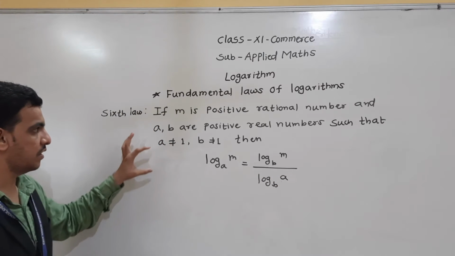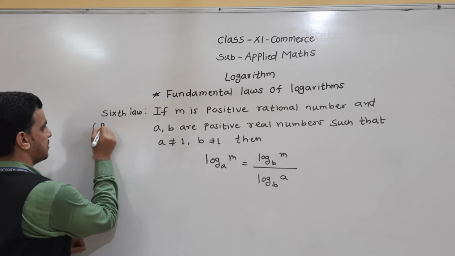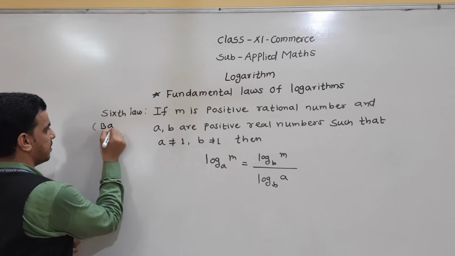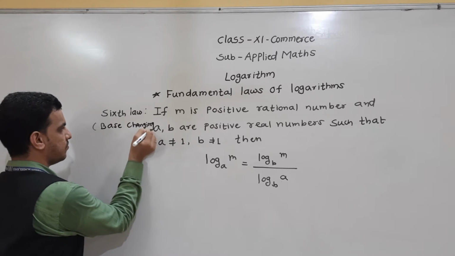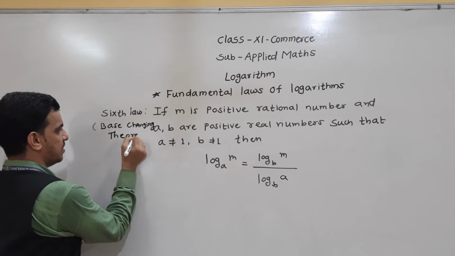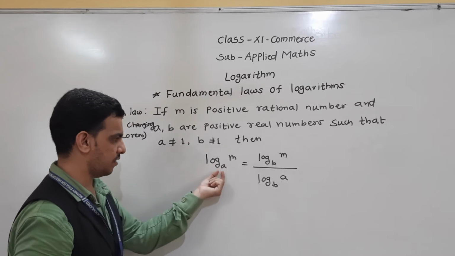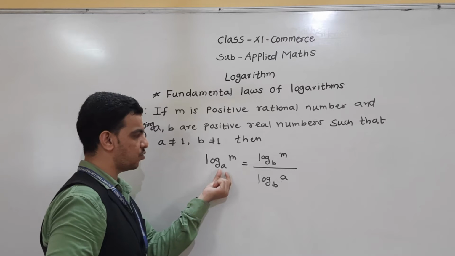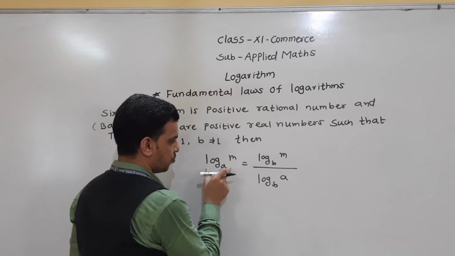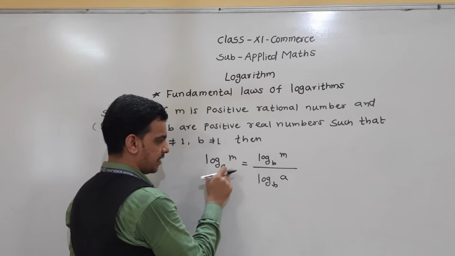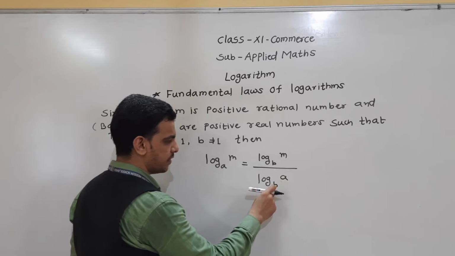So this is actually the base changing law, or we can say the base changing theorem. If we have to change the base, here the base is a, and if we have to change the base to b, then we have to use this: log m to the base a is equal to log m to the base b upon log a to the base b.